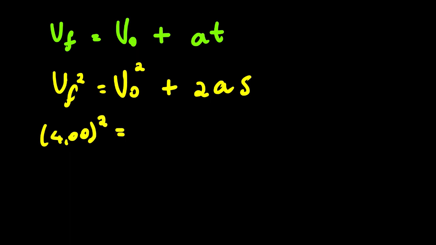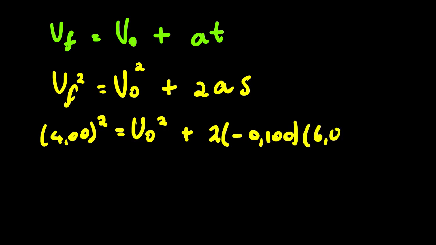It equals the initial velocity, which is the one you're looking for, squared, plus 2. Since our acceleration is in the opposite direction, it will be negative 0.100, and then we know that our distance is 6.00.